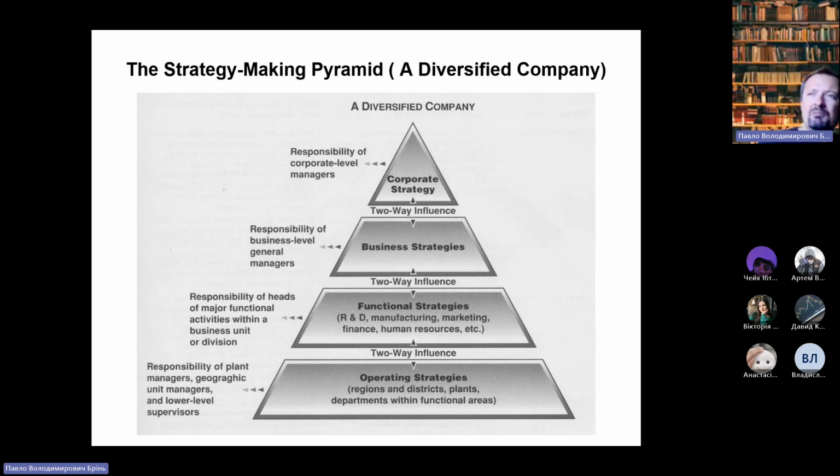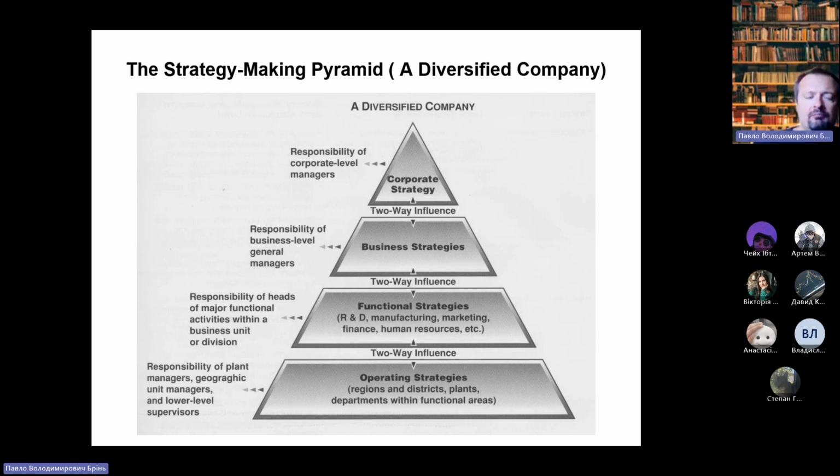I would say not even profitable, but a little bit wider: provide more benefits in future. And all these questions must be answered at the level of corporate strategy.